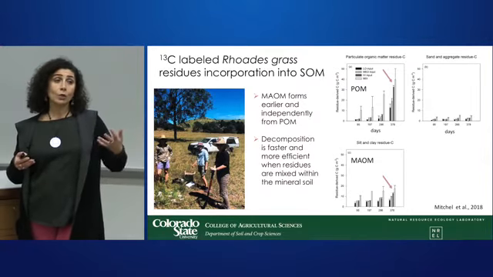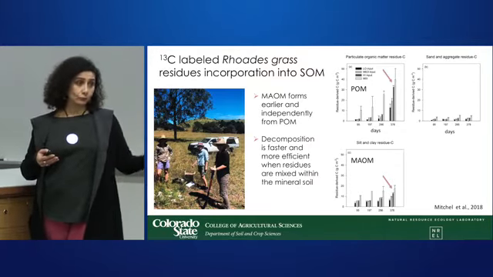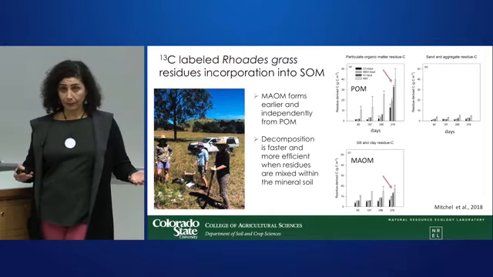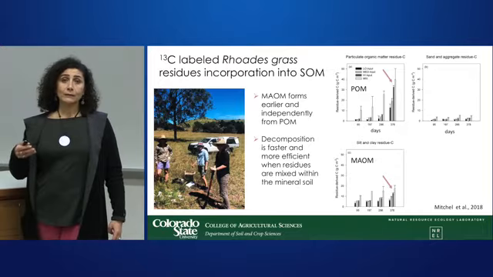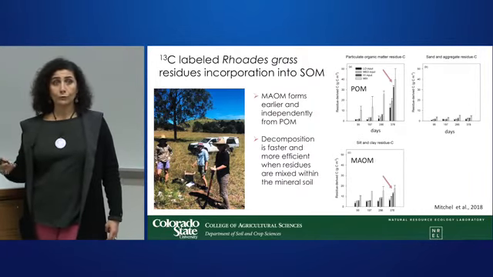And so the metabolic component would be less enriched than the structural component, and so I could do my mixing model. That worked. We produced plant material where the hot water extractable was 2 atom% and the structural was 4 atom%.